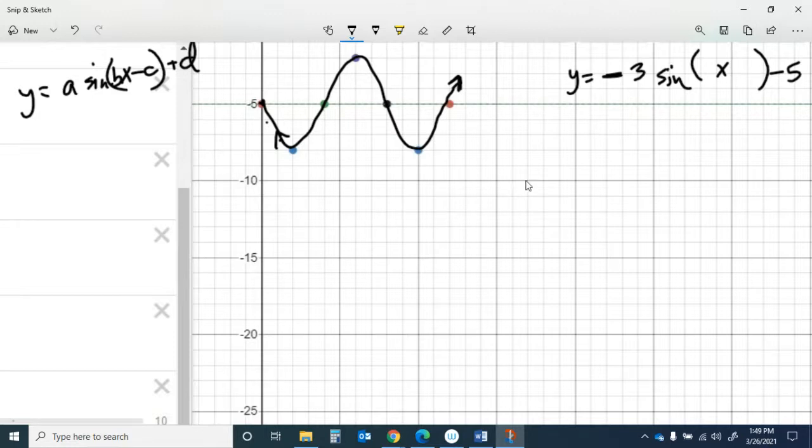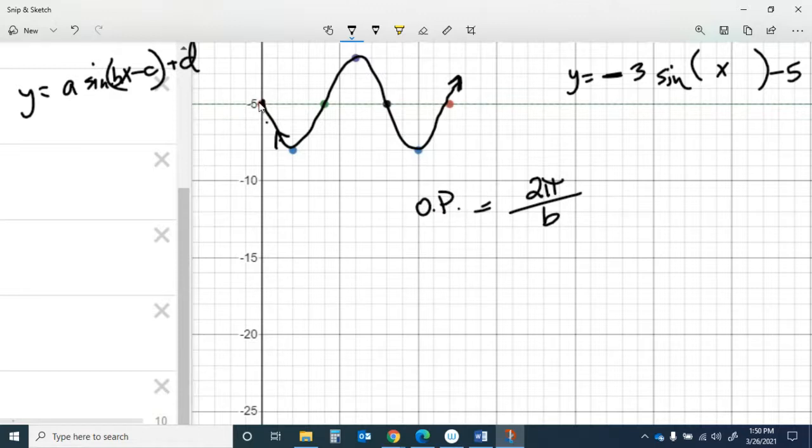2 pi, remember, is your standard period for sine. And then we've got the observed period, so I'll just call it OP for observed period.